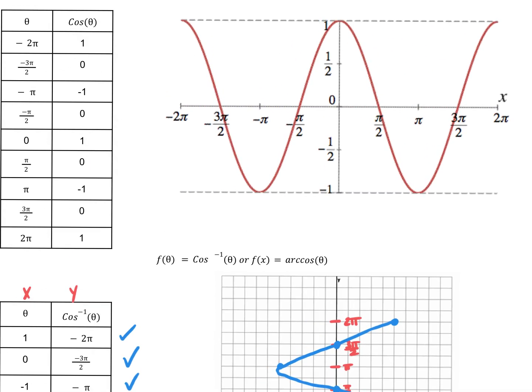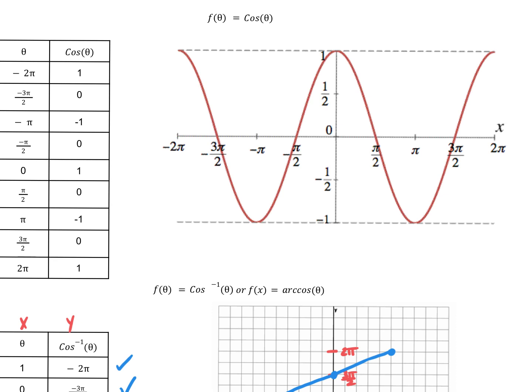So let's take a look at our cosine graph. We want to find a section of cosine that passes both the horizontal and the vertical line test, hovering around 0. I think either here or here would work. I'm going to go to the positive side. From here to here is where the section of cosine passes both the vertical and the horizontal.